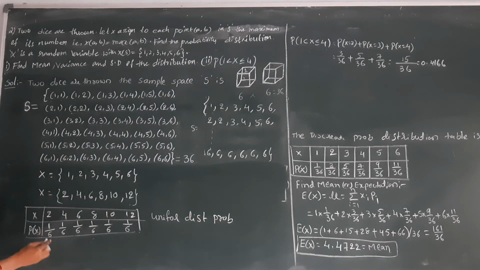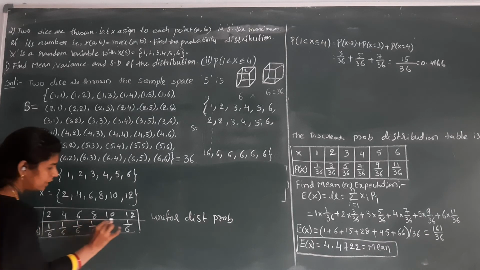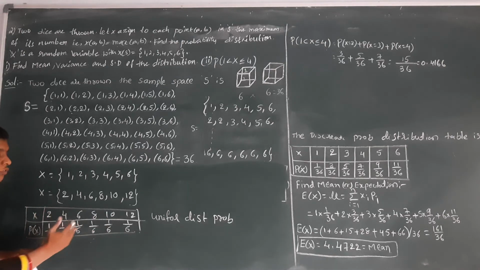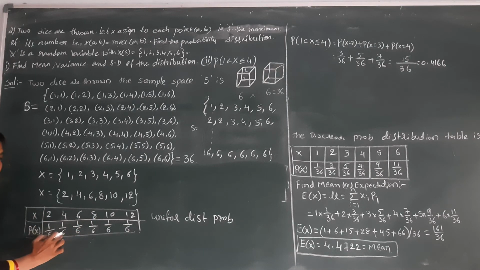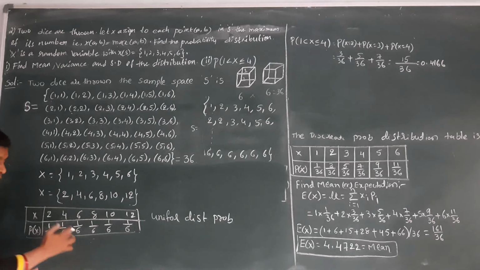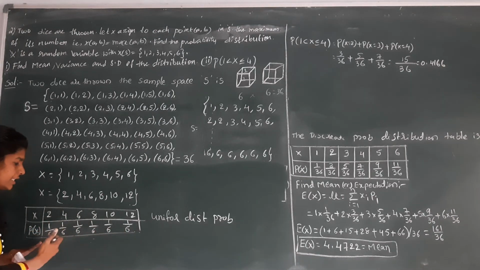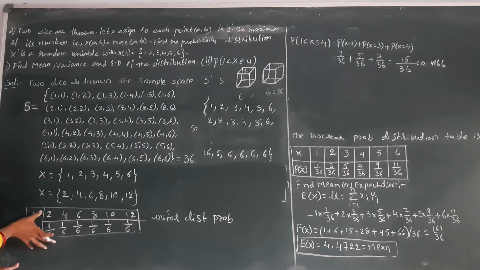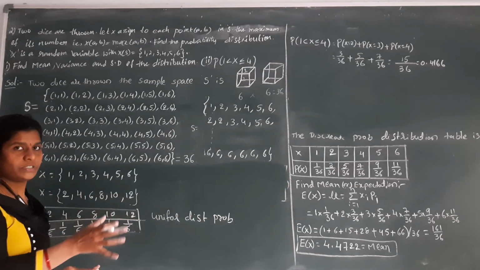We call this a uniform distribution because the total probability is distributed in a uniform way. Each and every probability is the same, 1 by 6, here also 1 by 6, here also 1 by 6. So the total probability is distributed in a uniform manner, and that type of problem is called a uniform distribution problem.